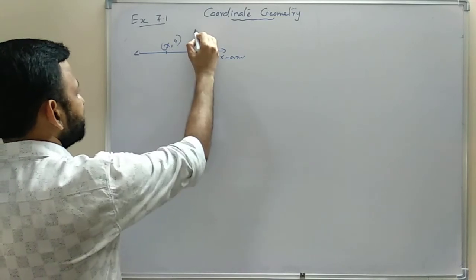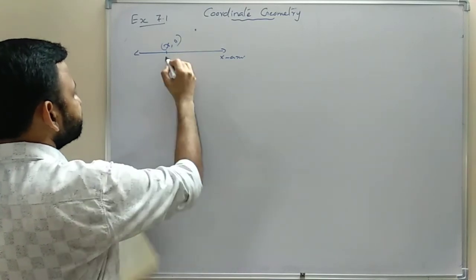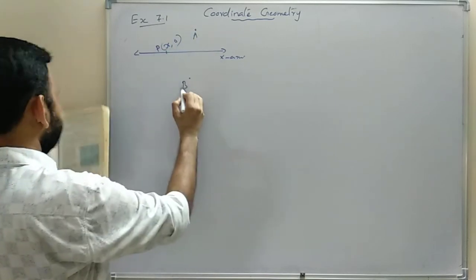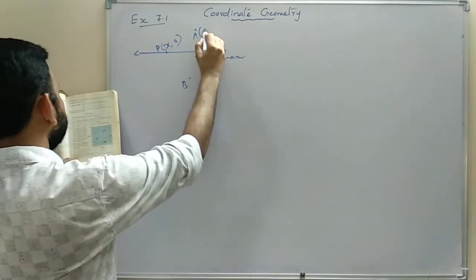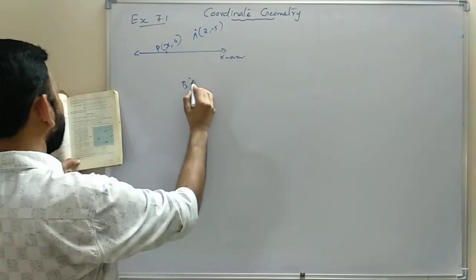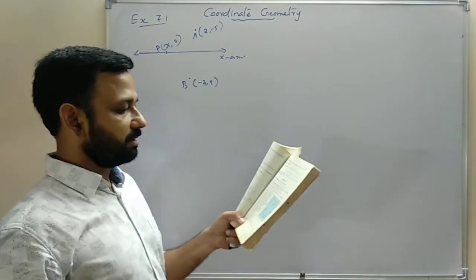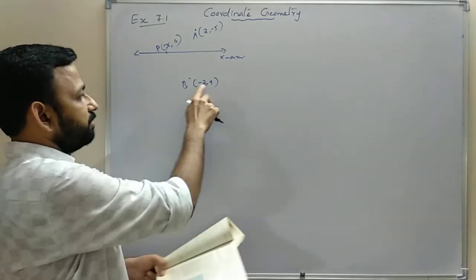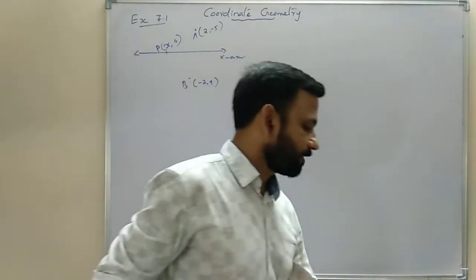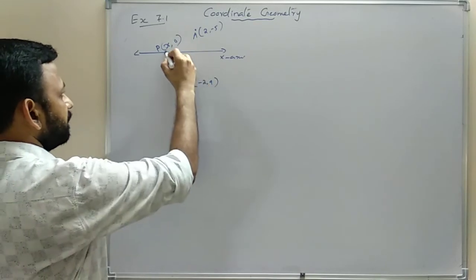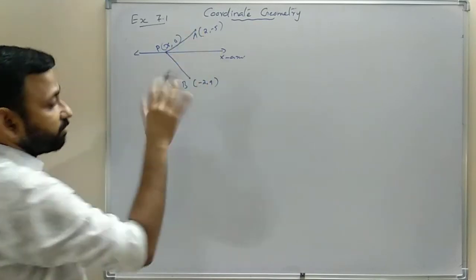And this point is equidistant from 2 points. So here let the point be P, and the points A and B. A is given as (2, -5) and B is given as (-2, 9). Here this point P is equidistant from A and B, that means equal distance.